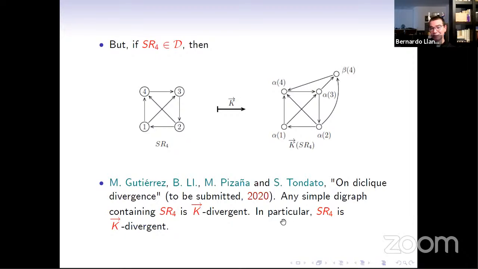And in particular, of course, this is K-divergent. This is the picture we use in our paper. This is the SR4. This is the image. Forget about these alphas and betas because they are used for other purposes in the paper.